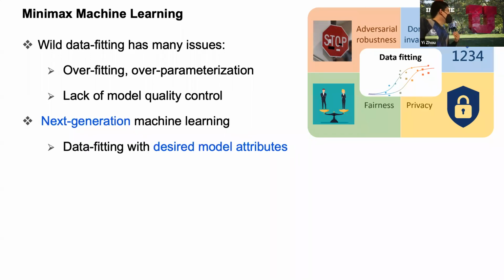So in general, as part of the next generation machine learning paradigm, we aim to perform this data fitting, and at the same time, we want to impose some desired model attributes on the machine learning model. These model attributes can be, for example, that the model should be robust to adversarial attacks or adversarial perturbations.